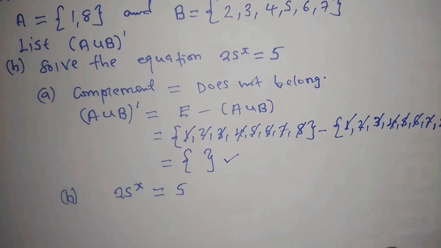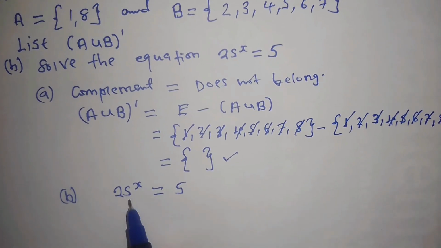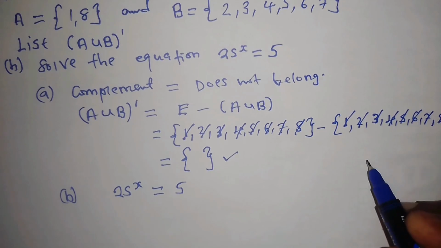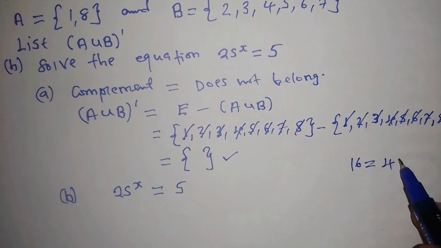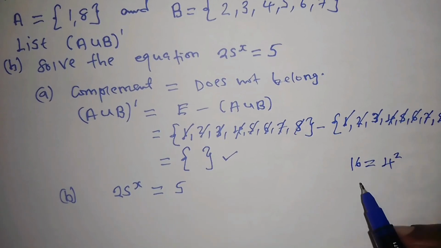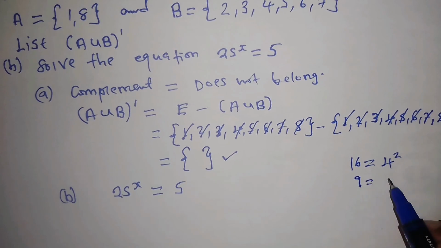The most important thing is you have to look for ways in which we can break down 25 in terms of smaller powers. For instance, if you have 16, it can be broken as 4 to the power 2. If you have, let's say, 9, we can simplify this by saying 3 to the power 2.